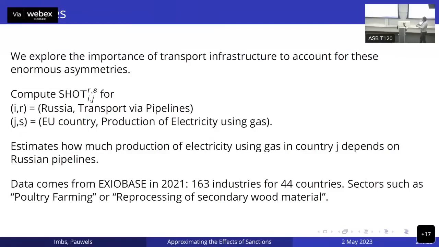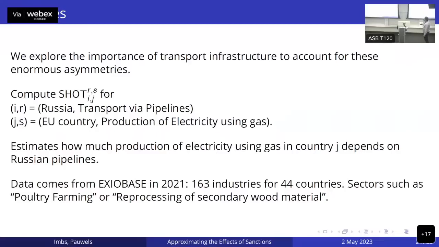So that's one thing. The other thing that we do, this is the last thing, then I'll stop, is we explore the importance of transport infrastructure, especially pipeline infrastructure in Europe, and we look at what it implies for production of electricity in European countries. So we're looking at Russian transport via pipeline and any European countries in production of electricity and gas.